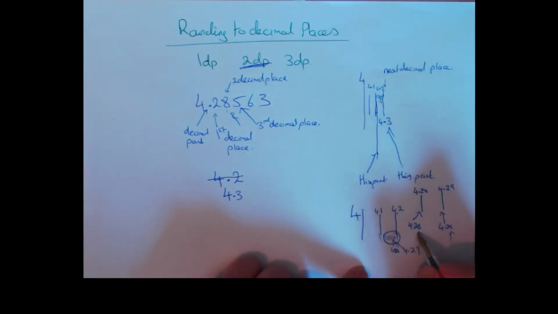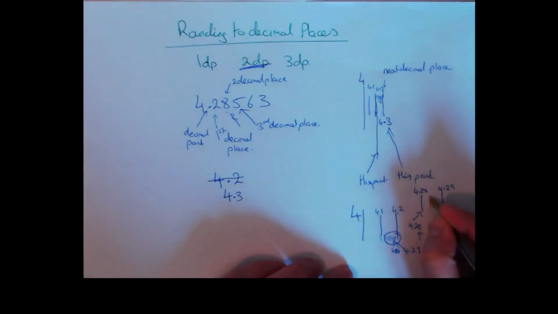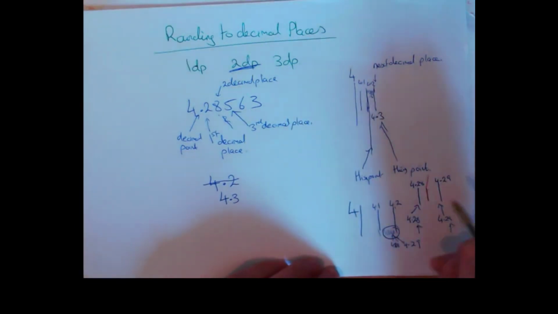I'm going 4.26, 4.27, 4.28, 4.29. And the question again is, am I closer to 4.28 or 4.29? As before, the question is, have I gone more than halfway? So we look at the next decimal place.